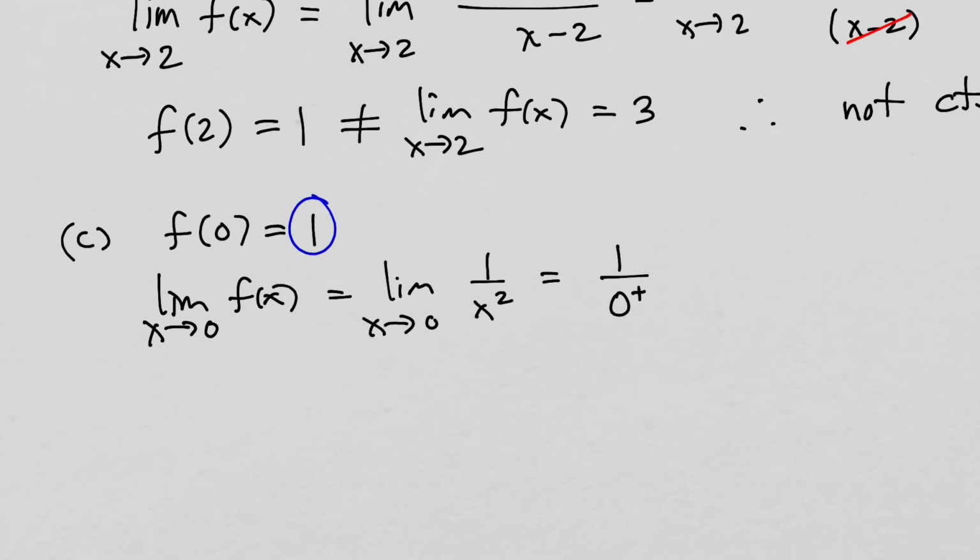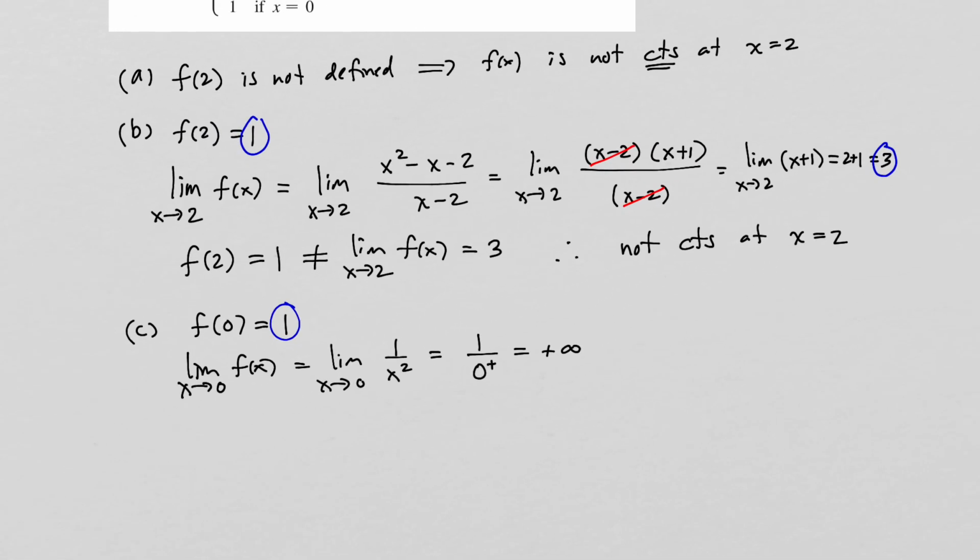And this is because no matter if you're plugging in negative numbers or positive numbers as you approach 0, when you square them, they become positive. And so 1 divided by small positive numbers gives you a large positive number.